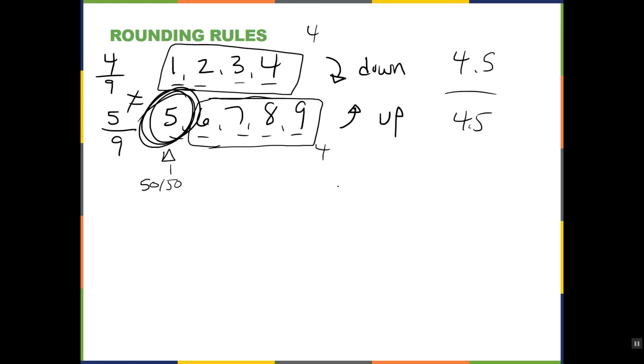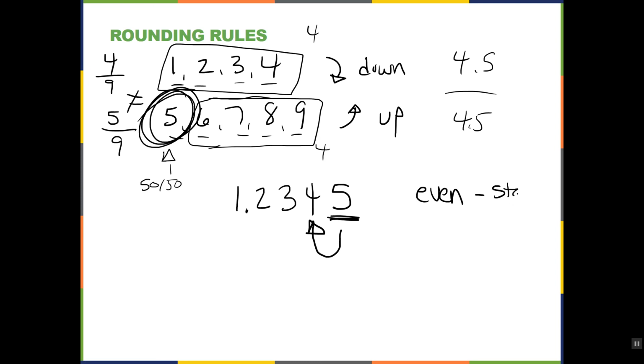So we take this 5, and here's the rounding rule. If your value ends in 5, you look to the number before it. So let's say I have 1.2345. If your value ends in 5, you look at the number before it. If the number is even, you are going to stay the same.